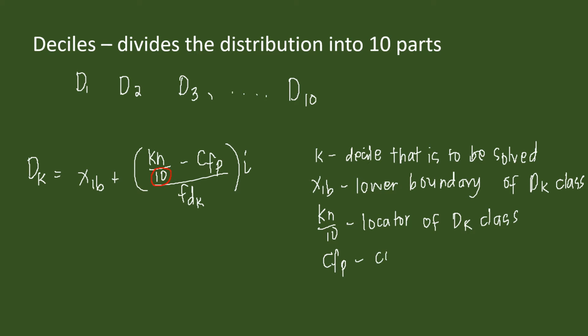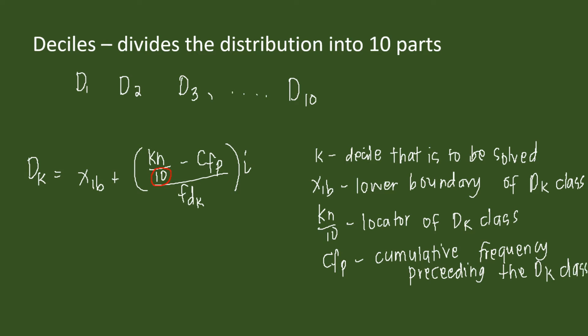CFP is the cumulative frequency preceding the decile class. F sub D sub K is the frequency of the decile class, and I is the interval, or the number of scores in a certain class interval.